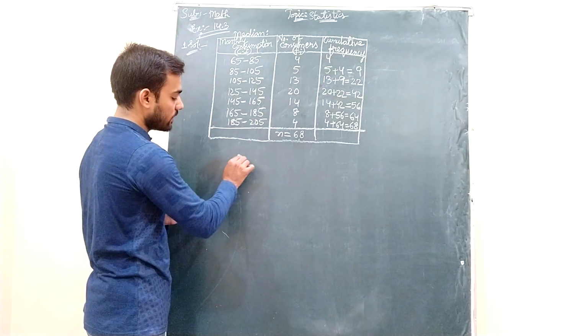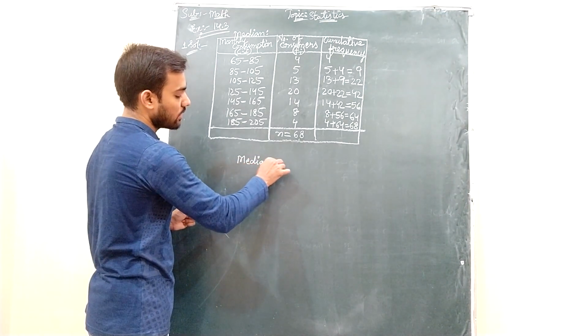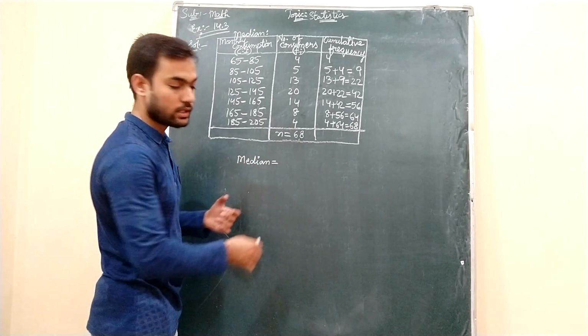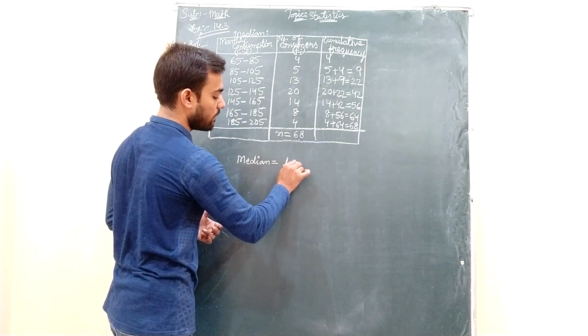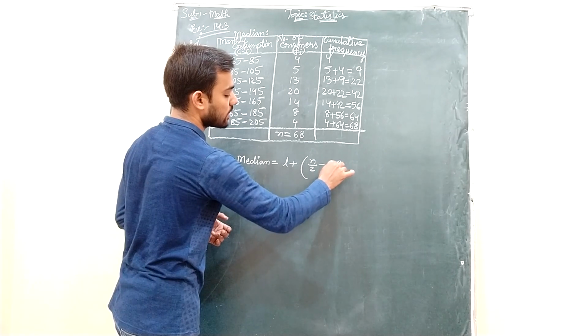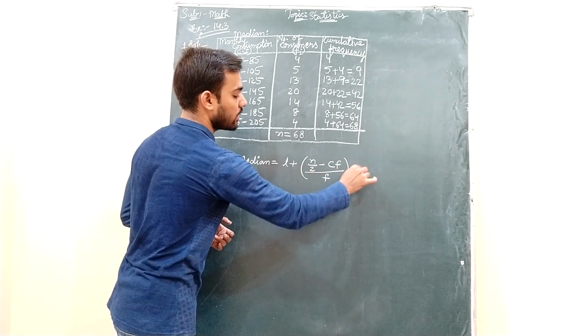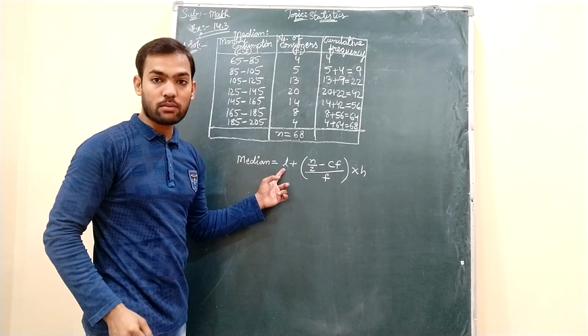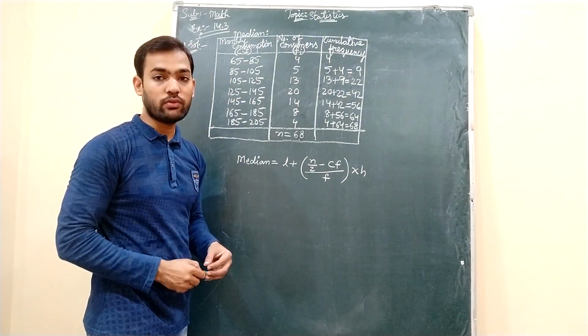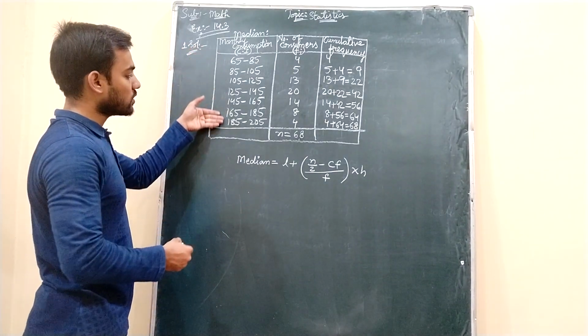Now we need to find out the different values that are there in the median formula: L plus n by 2 minus Cf, whole divided by f, into h. To get all this, we need the lower boundary of the median class. So how will we decide which class is the median class? You have 7 classes.